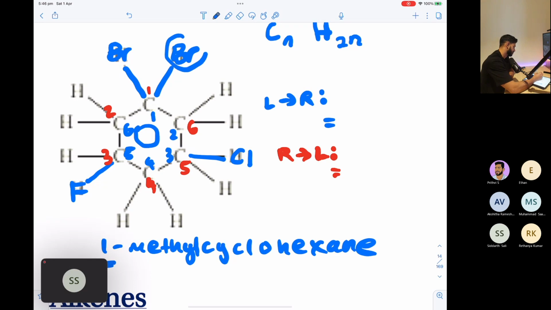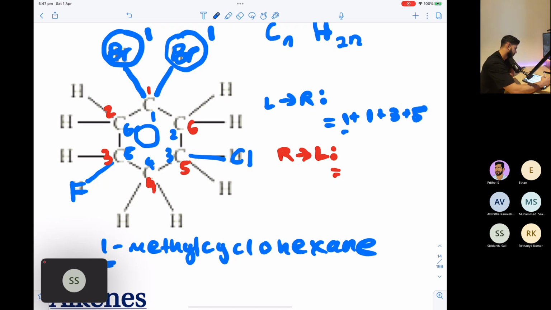So this is 1 plus 1. This is going clockwise. It'll be 1 plus 1 plus 3 plus 5 equals 10. And then right to left, it'll be 1 plus 1 plus 3 plus 5, which is also equal to 10. Good. All right.